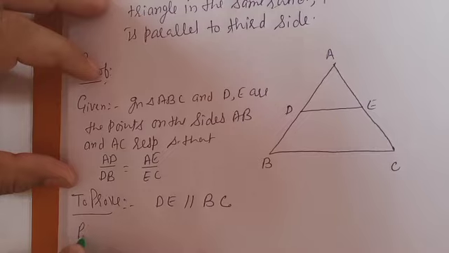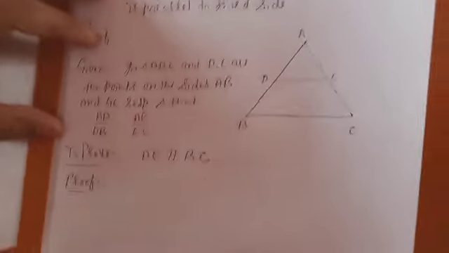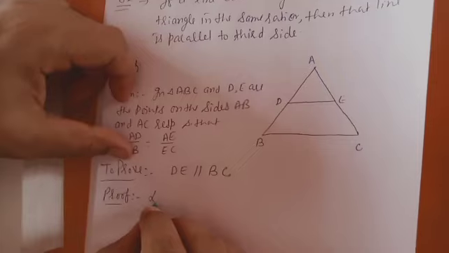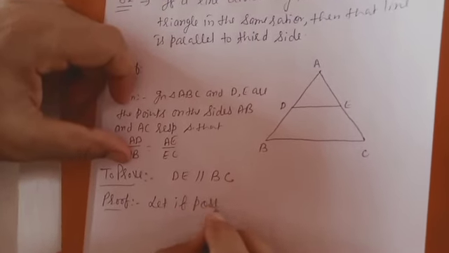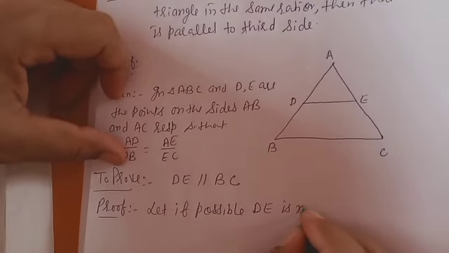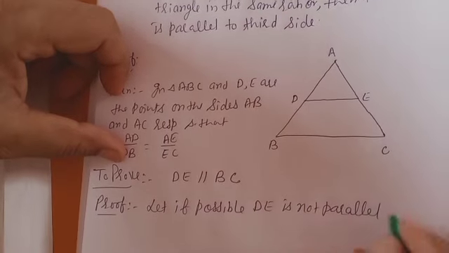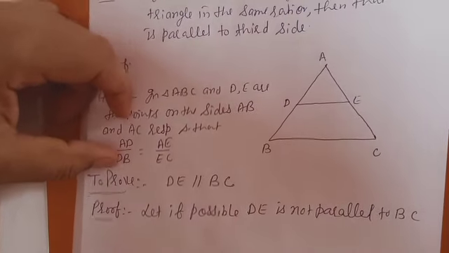After this, what? It's the proof. We can prove this theorem by contradiction. Let, if possible, DE is not parallel to BC.